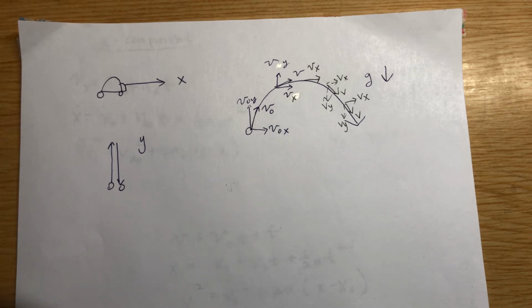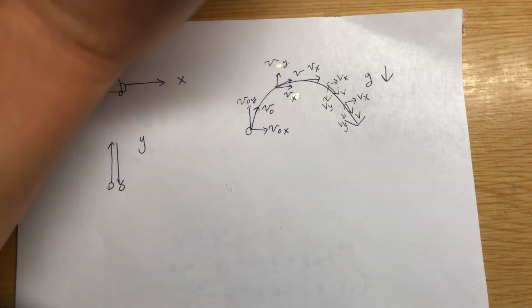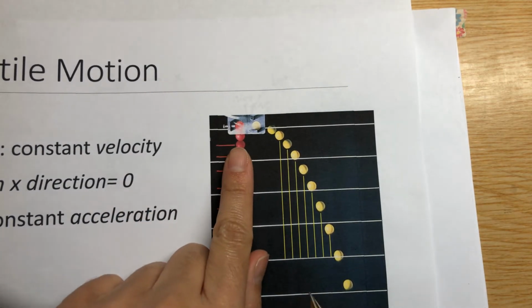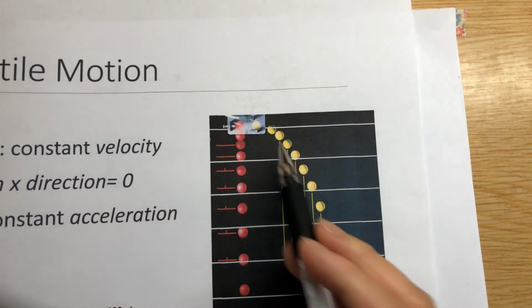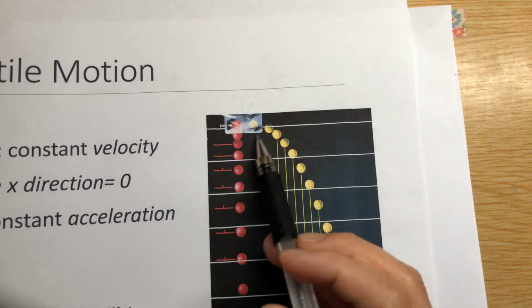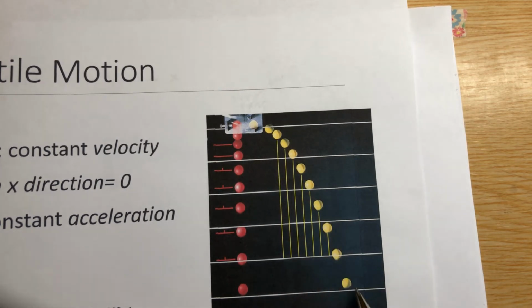So let's turn to slide 9. Let's look at this object in a parabolic or projectile motion. This is the ball at different times.